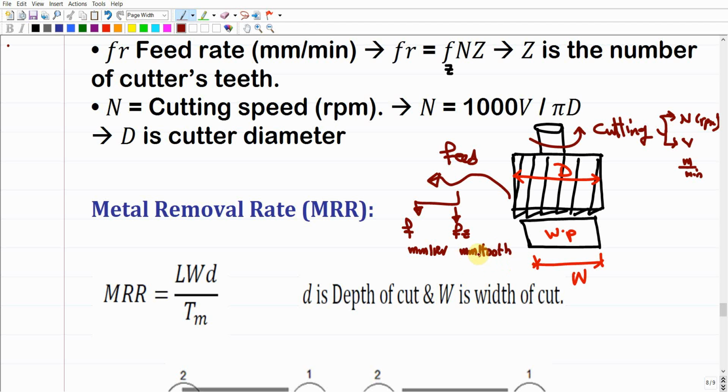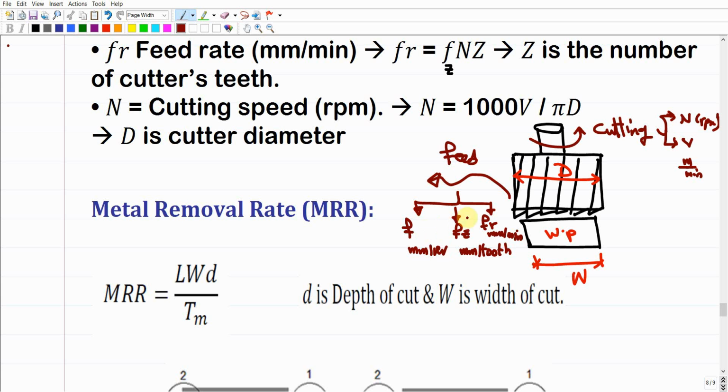So what is FZ? This is the feed per single tooth of the cutter, but the feed in terms of millimeter per revolution is FZ times the number of teeth of the cutter. Make sense? Or it would be defined as FR in case it was given as millimeter per minute. So again, all of these are three different forms.